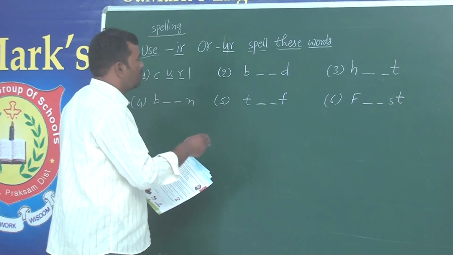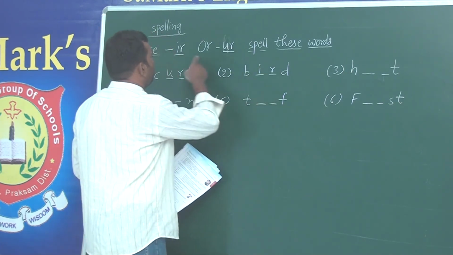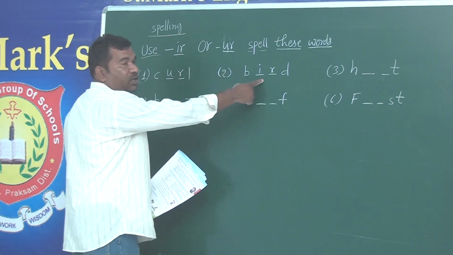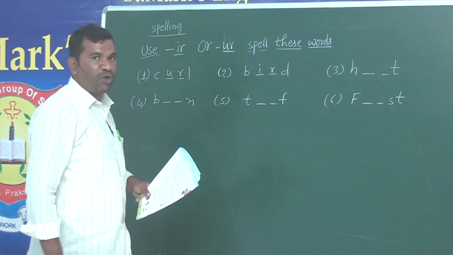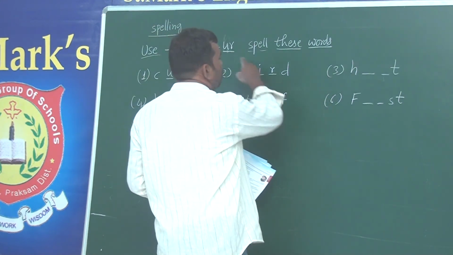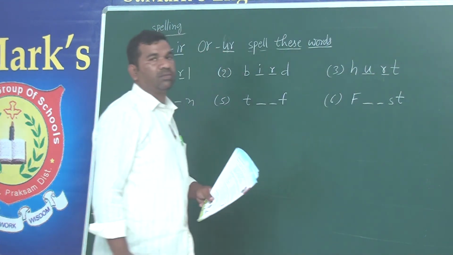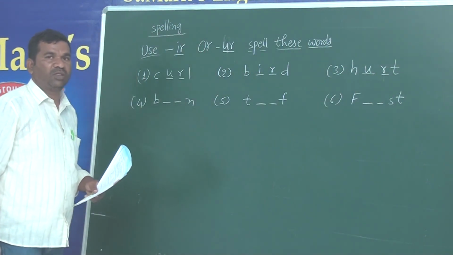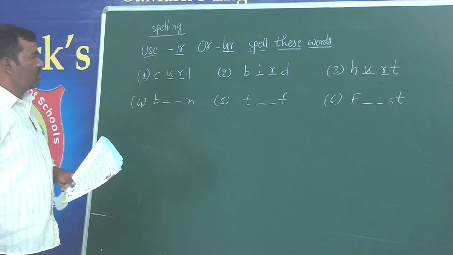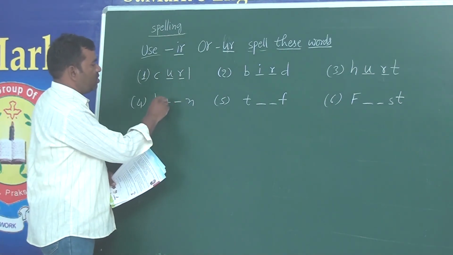So next is IR. We chose IR to fill it. Bird. You know birds? Next we are choosing UR to fill this: hurt. Hut means... and next one is burn.